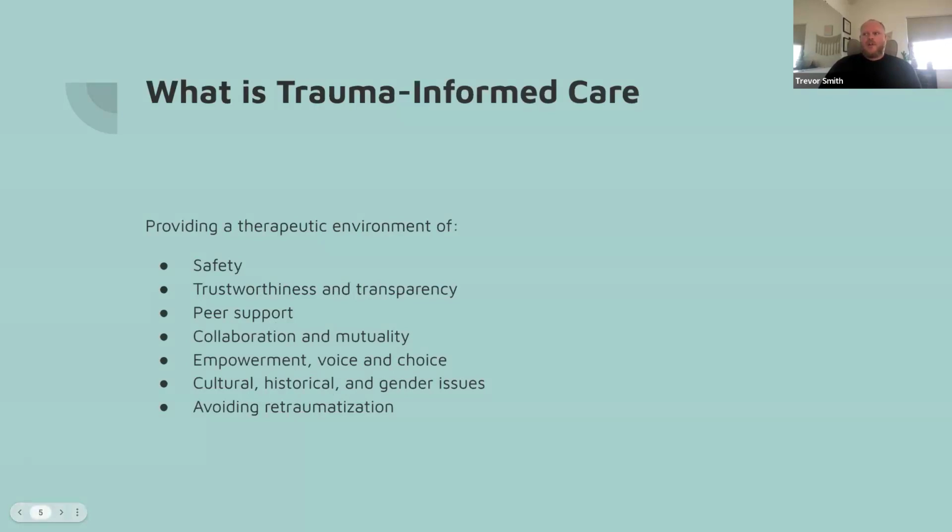So the next thing we want to look at is, what is trauma-informed care? So identifying what traumas to look for is easier than identifying the traumas themselves. This is where incorporating trauma-informed care principles helps with building a rapport with clients.